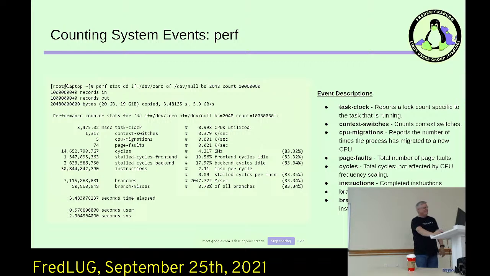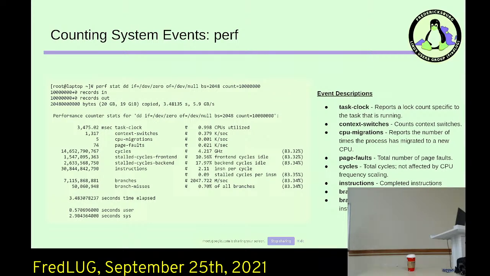So you can do things like here on this screen. What I do is I use perf to measure how fast I can actually create a bunch of zeros and send them to nowhere. If those zeros are 2048 bytes in size, and there's a bunch of them.